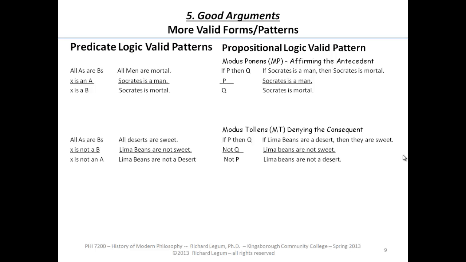Now take a look at the pattern over on the right. All A's are B's, X is not a B, therefore X is not an A. Similar pattern. All desserts are sweet, lima beans are not sweet, therefore lima beans are not a dessert. Very similar arguments, very similar patterns, and they're both valid because they work the same way.